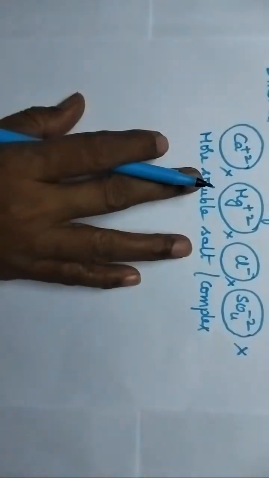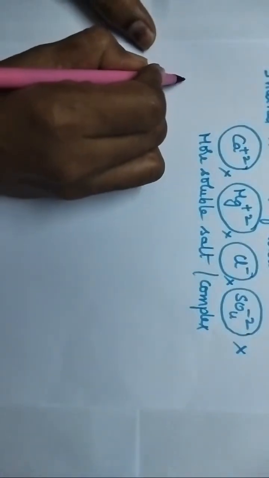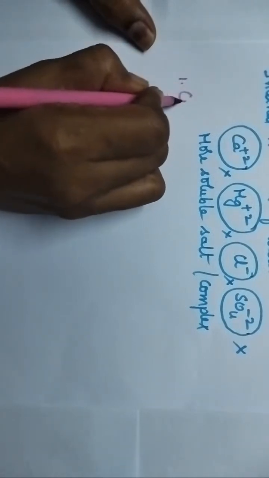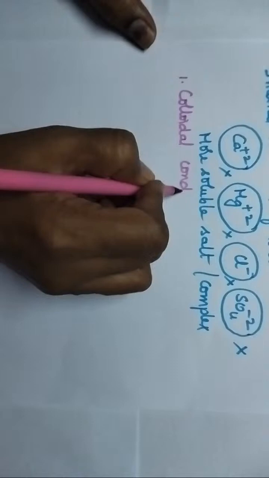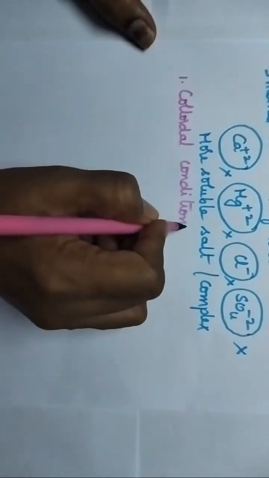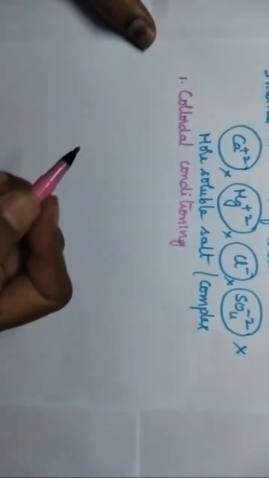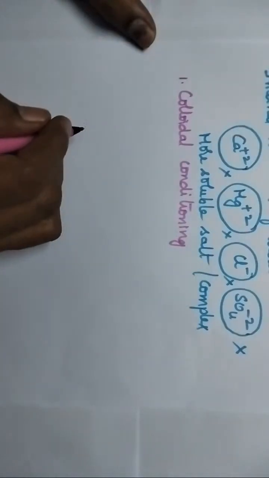And here we are having different techniques. So coming to the internal treatment of water, permanent hardness can be removed either by colloidal conditioning. In that way, we are having 5 different methods.